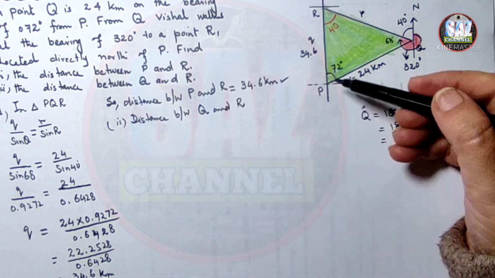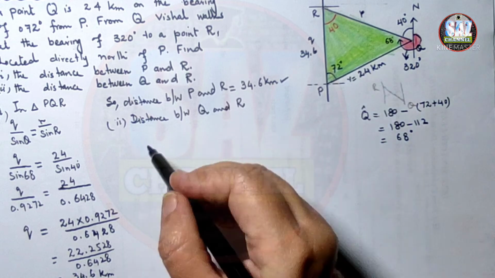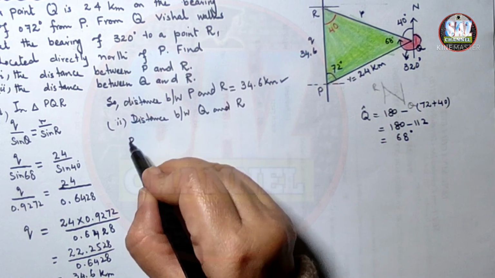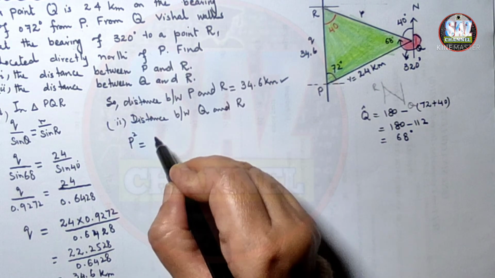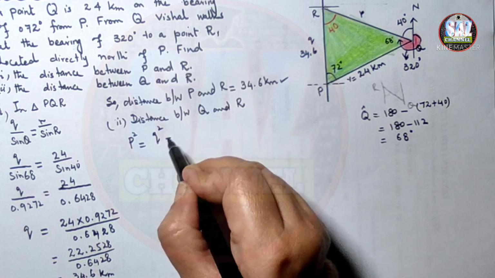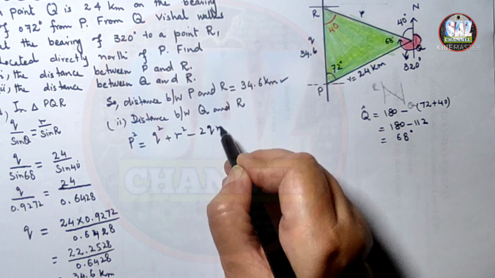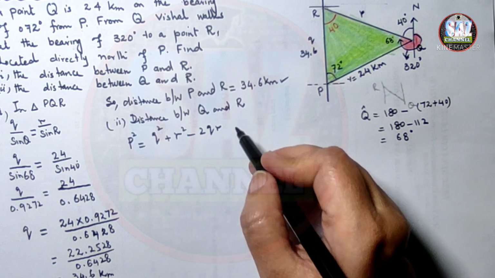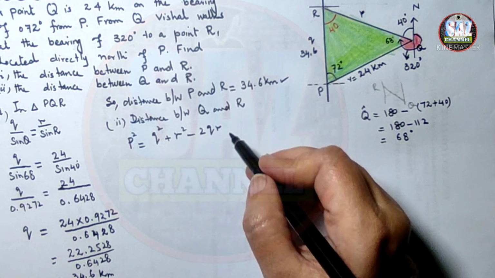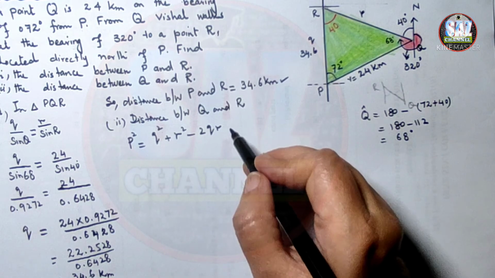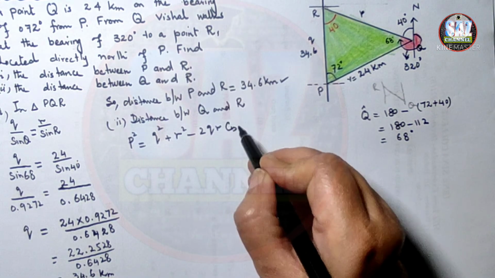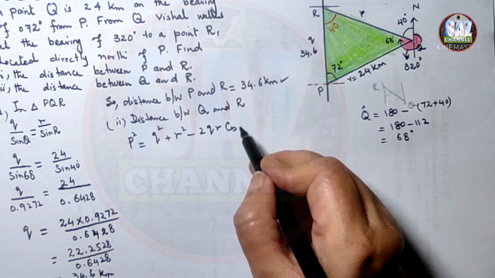This is the side opposite to vertex P. p square will be equal to q square plus r square minus 2qr cos of angle P, cos 72 degrees.